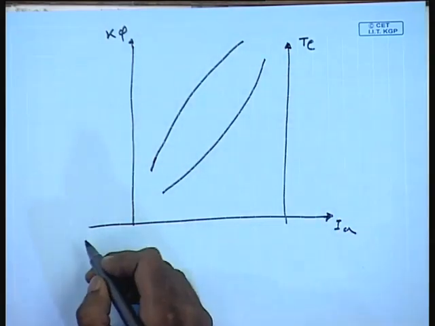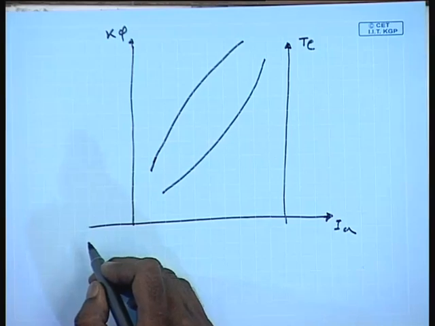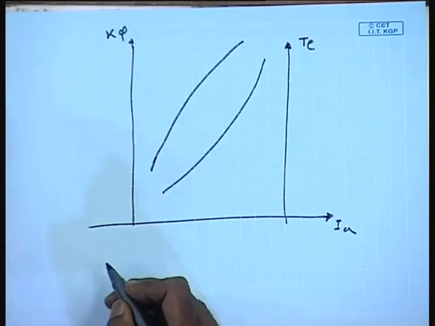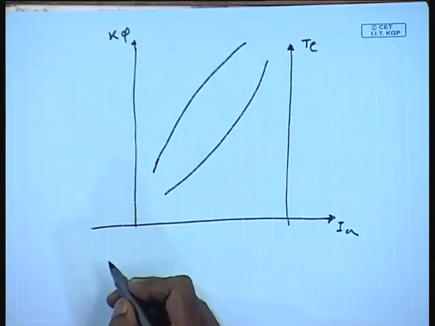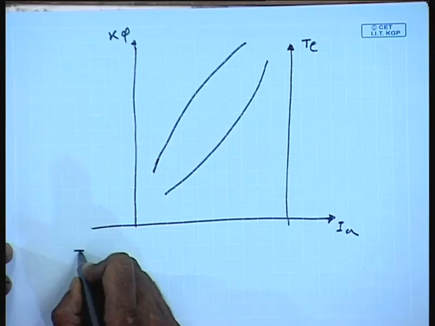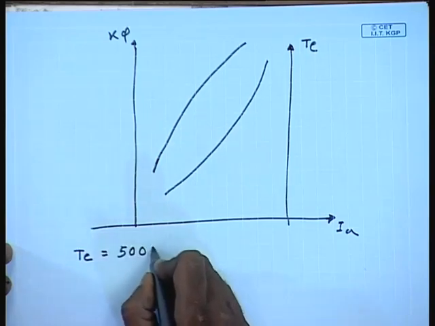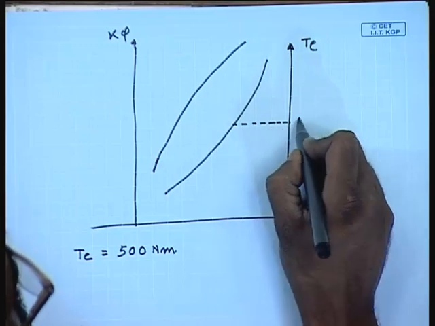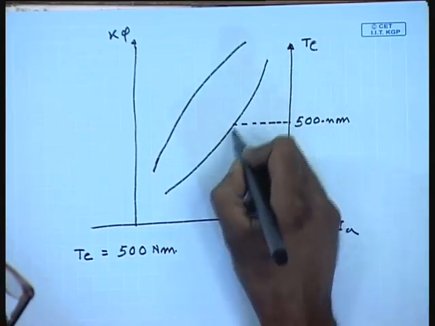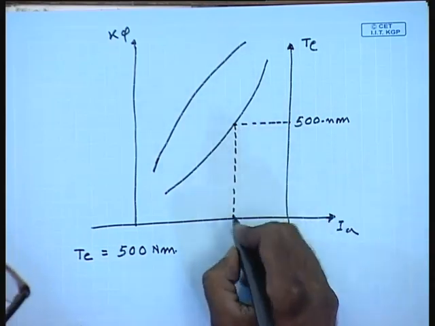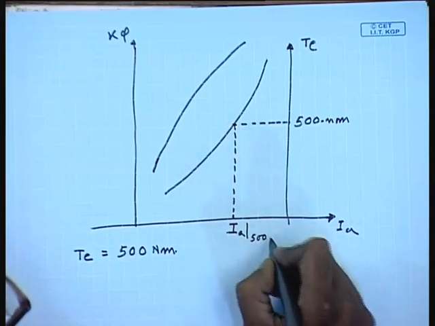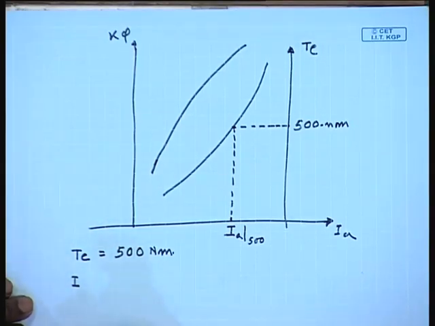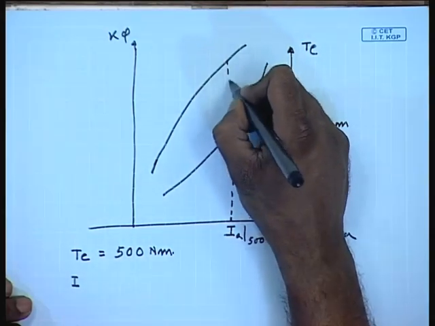So, at 600 rpm, if I want torque of 500 Newton meter, we can read out 500 Newton meter from here, and the corresponding current I A. So, I A at 500 Newton meter comes out from this diagram, as well as the K phi from here.